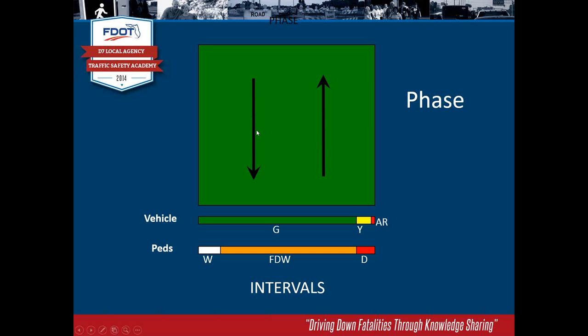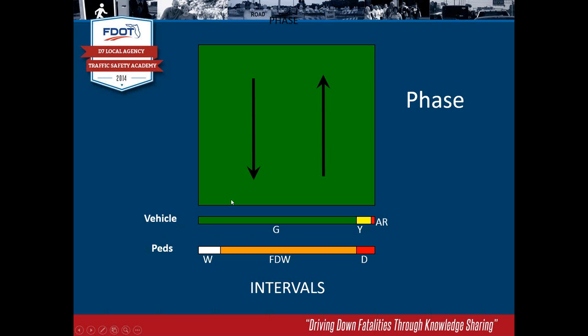Now within a phase, this is a north-south phase, it's a green phase, you can see, and in our north-south green phase, there's a bunch of different intervals that make up the phase. In this case, for the vehicles, there is a green portion of the phase, the green interval, where the signal is green, and then that's followed by yellow, and then a short all-red time.